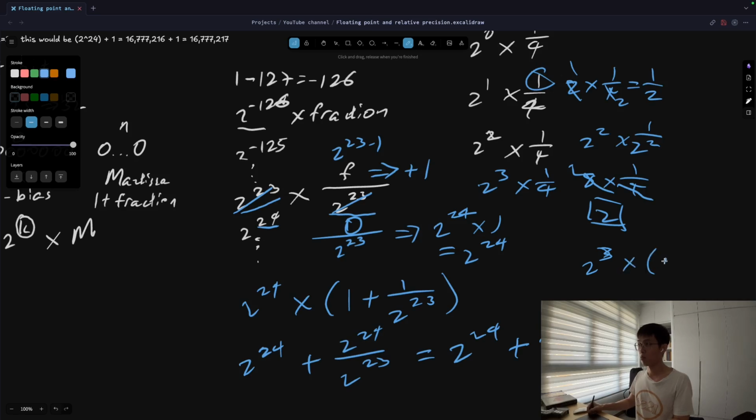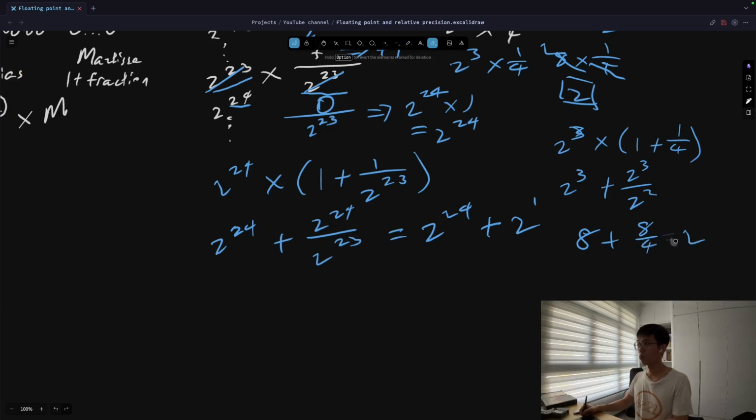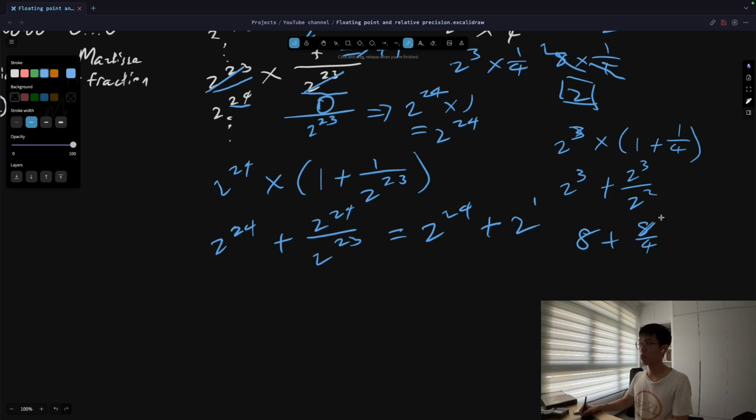2 to the power of 3 times 1 plus 1 over 4. So this is 8. Sorry, this is not times, plus. So this is 8 plus, sorry, not equals to 2, but this is 2, so equals to 8 plus 2.